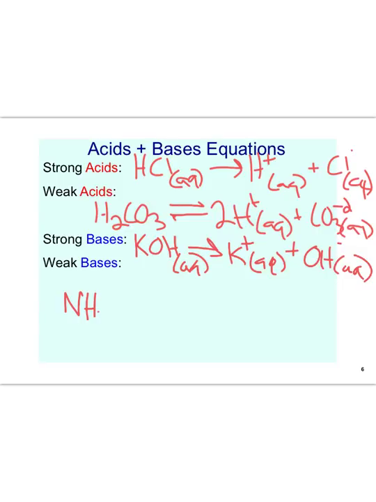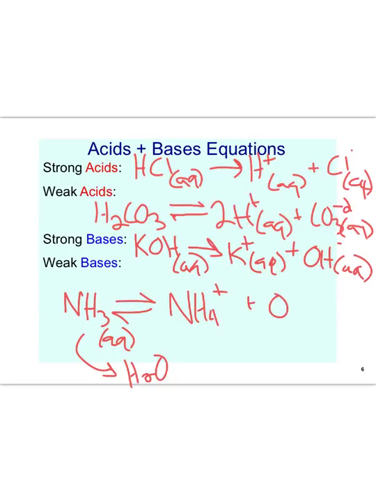A good example of a weak base would be ammonia, because it's going to find the water molecules and rip off one of those H's and produce NH4, leaving that water molecule to now be an OH minus. But again, this reaction is constantly going back and forth.